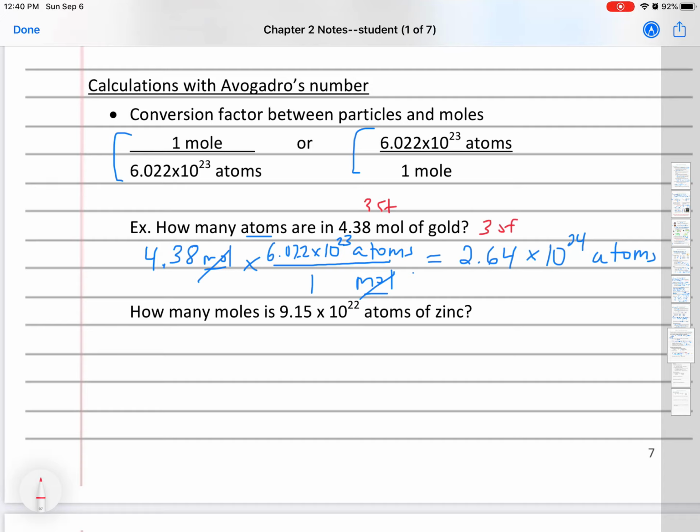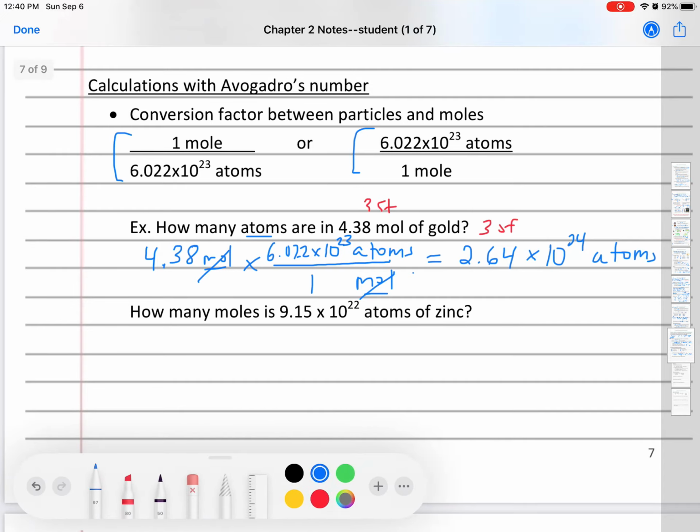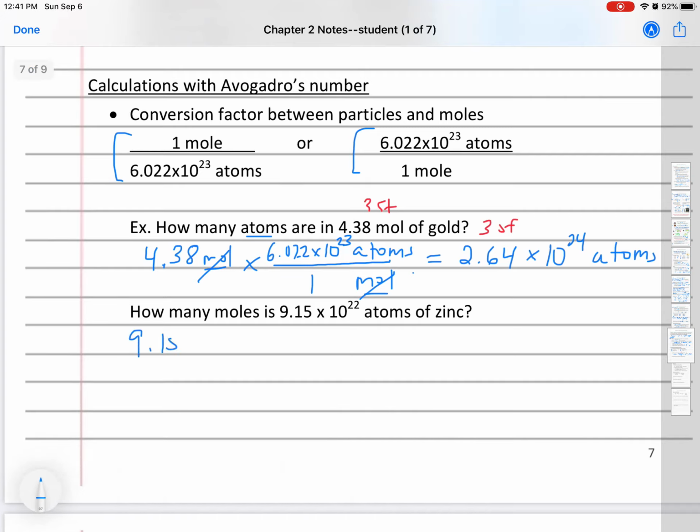Okay. Problem number 2. How many moles is 9.15 times 10 to the 22 atoms of zinc? 9.15 times 10 to the 22 atoms. And now I want to flip that conversion factor because I want atoms on the bottom and moles on top.